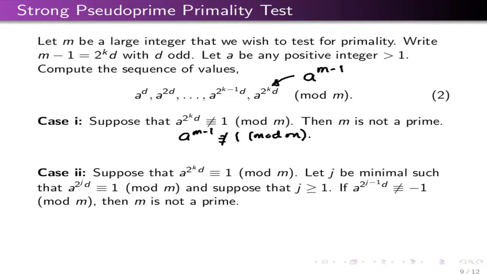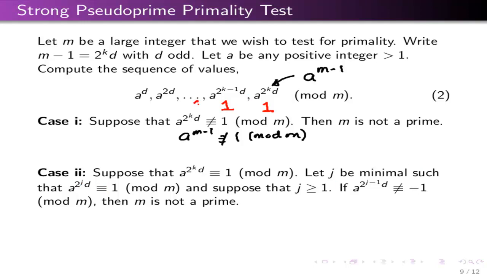Then by our composite number test, we know immediately that m is not a prime. Case 2. Suppose that this comes out to be plus 1, and then you go back in your list. So this one came out to be a plus 1 here, and then you go down your list, maybe this one's a plus 1, and you let j be the minimal power of 2 such that we get a plus 1.